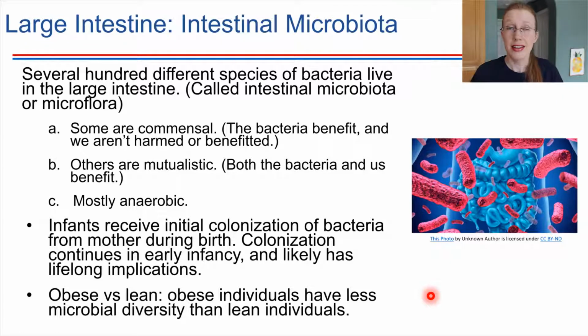The initial colonization, so where do these bacteria come from? Initial colonization happens at childbirth. So prior to childbirth, a baby that has not been born yet has not been exposed to bacteria. It's pretty sterile conditions inside prior to being born. But when a baby is born, that's the first exposure to bacteria that live in the vagina.